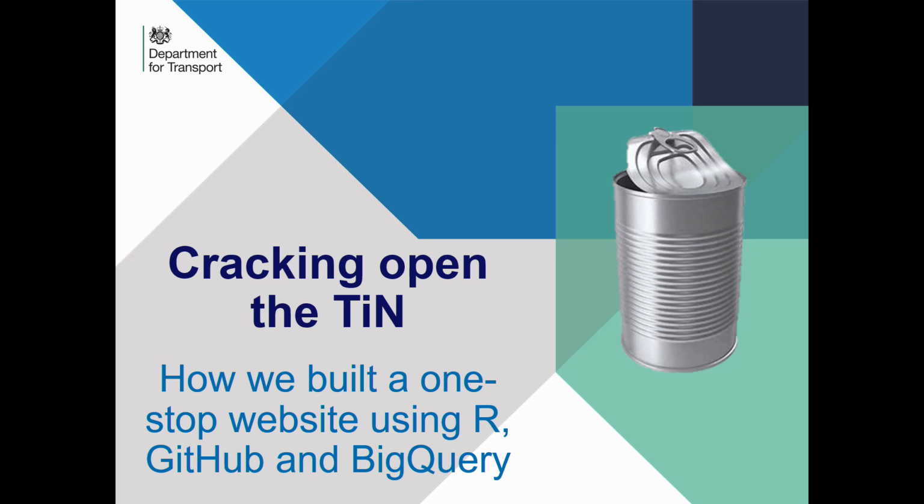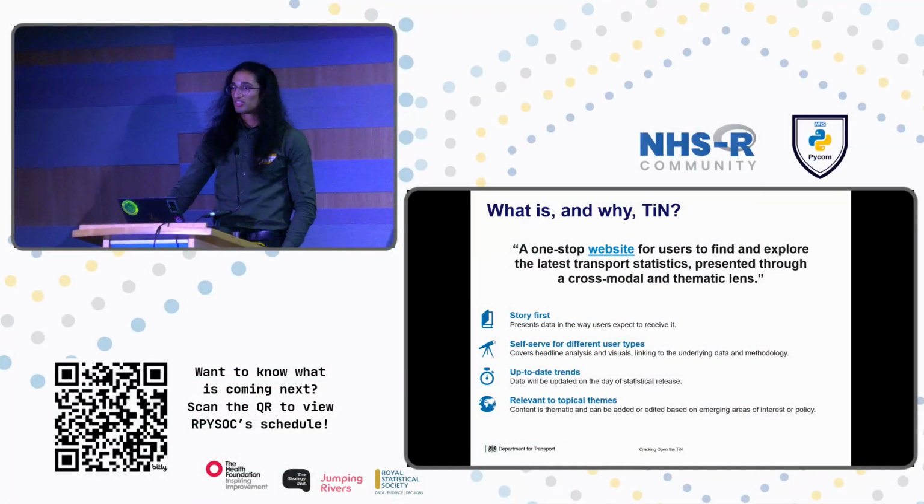So I'm going to be talking about how we made a one-stop website for the statistics in the department using open source coding languages. So if we go to the next slide. What is TIN? Transport numbers.